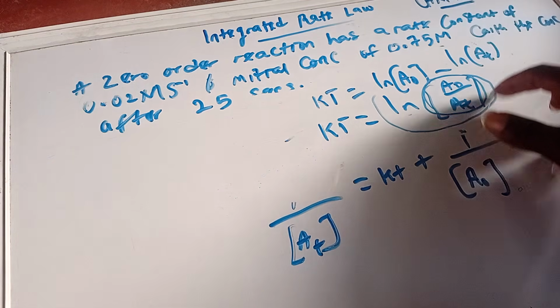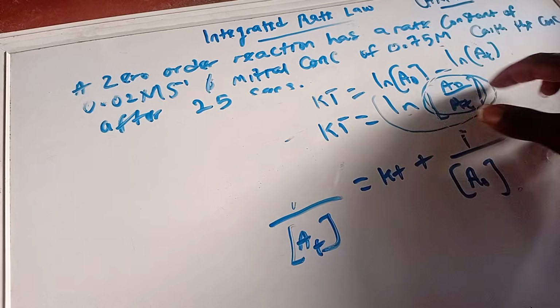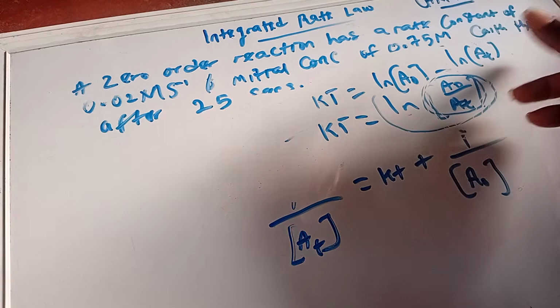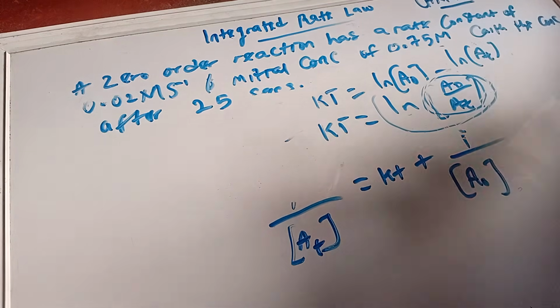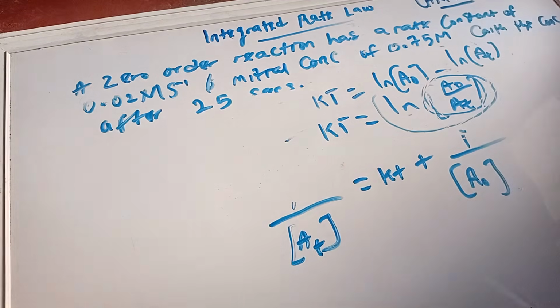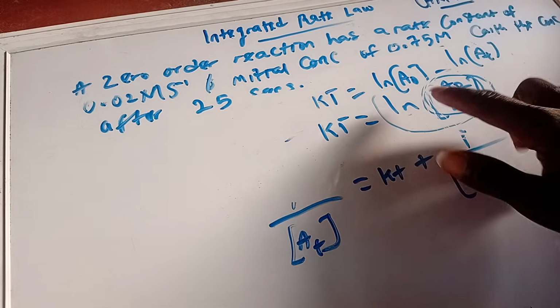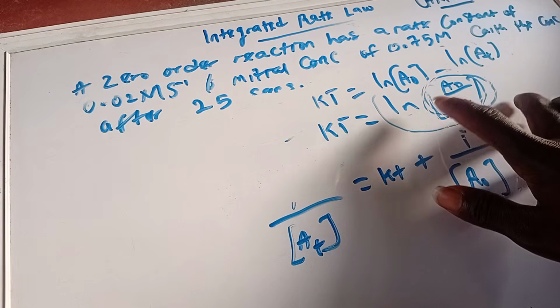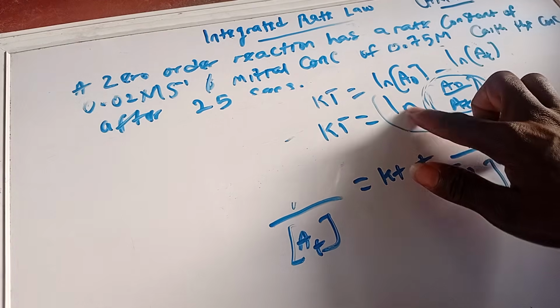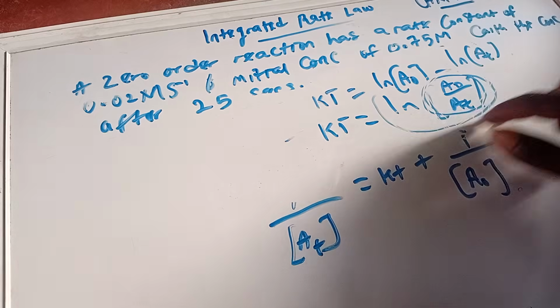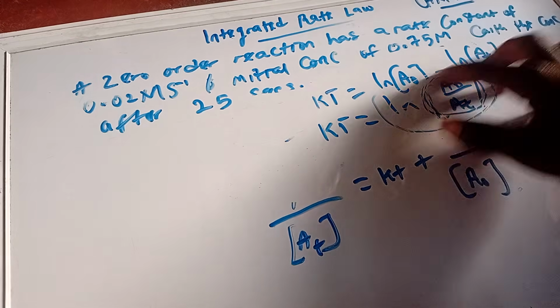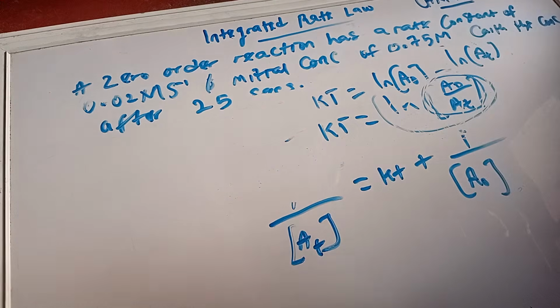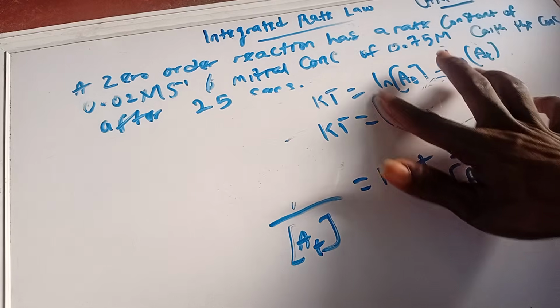So ln of whatever we have, even though the unit is concentration, like big M, mole per dm cube, since it's attached to a logarithmic function, then it won't have unit at all anymore because we are taking ln of it.